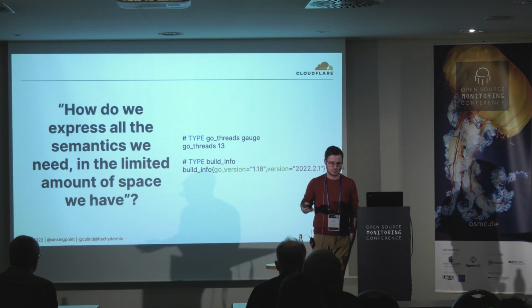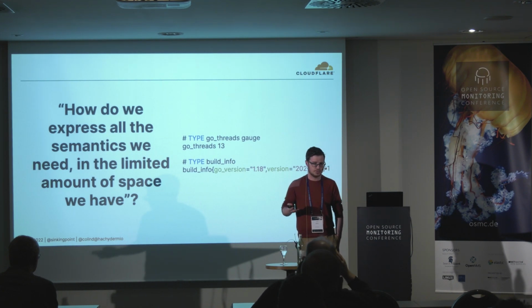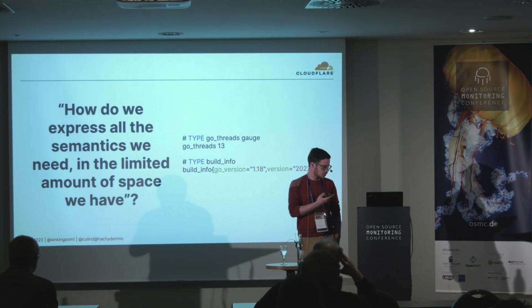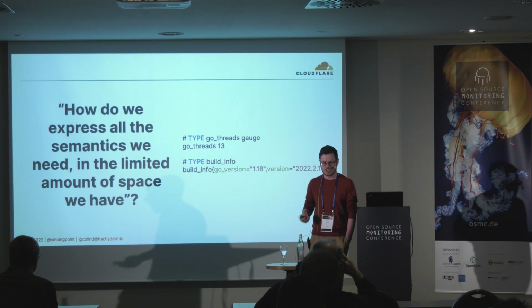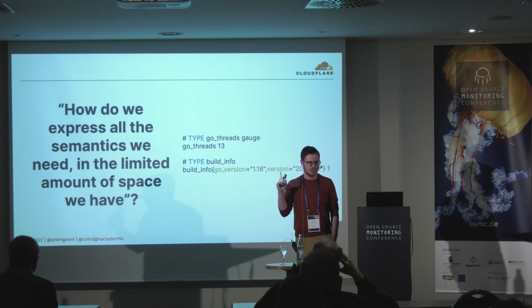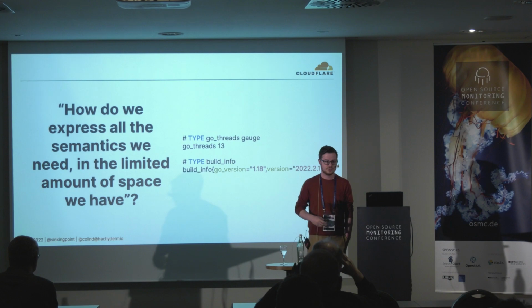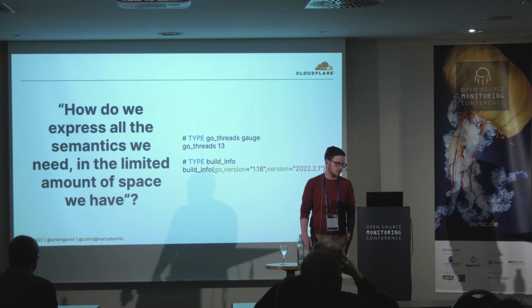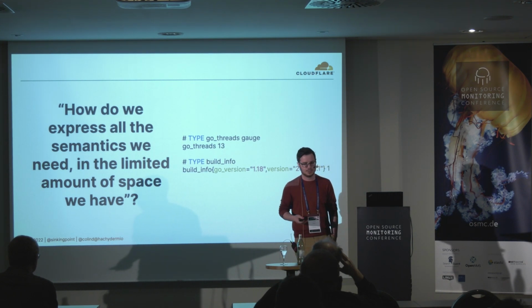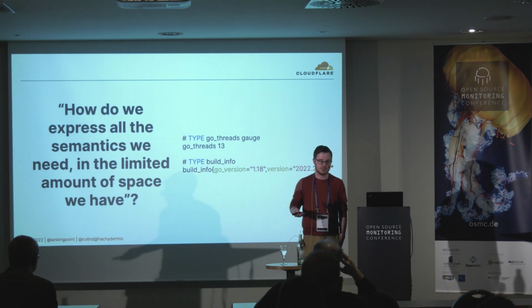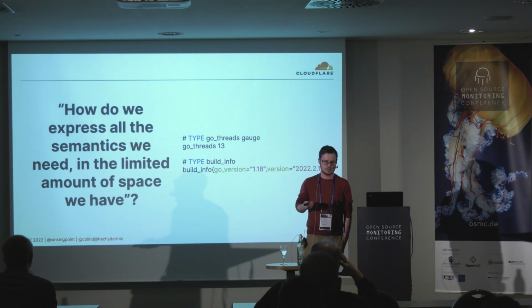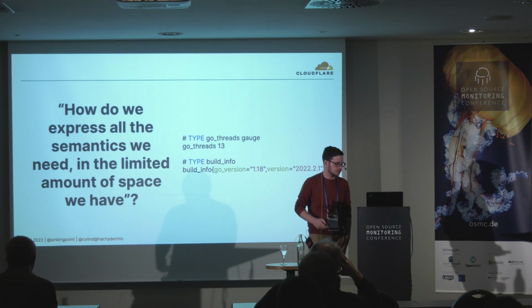The first one, go threads, goes up and down, right? It's the number of threads we're using. But the second one, build info there, is an info metric, and there's nothing inherent in that text exposition that says which one is which. Right? So we have all of these different semantics that we want to communicate to the gateway to define how it's going to aggregate them, but where do we put it?